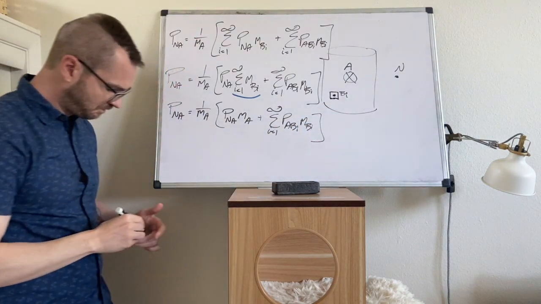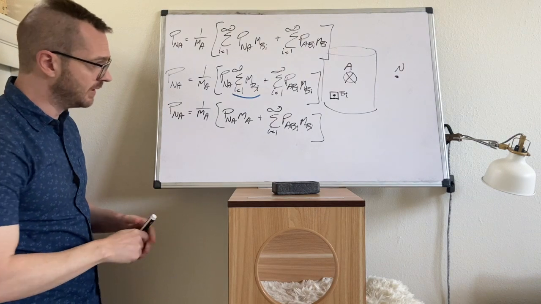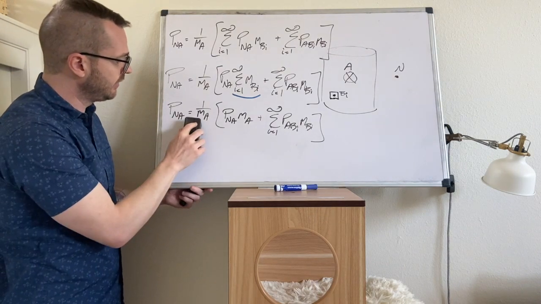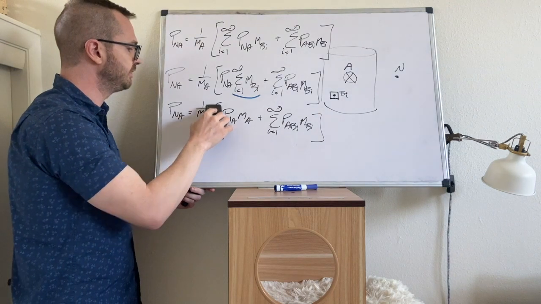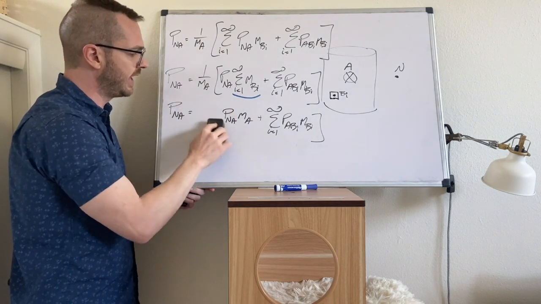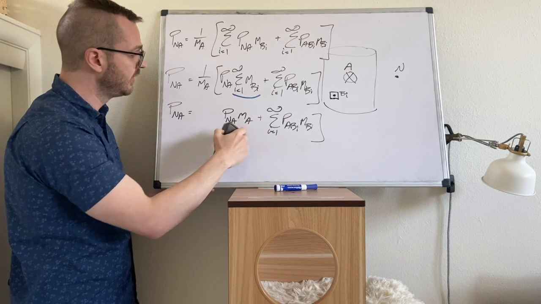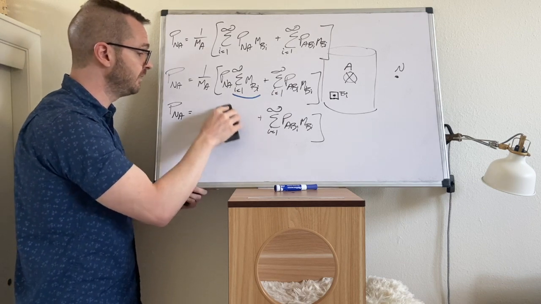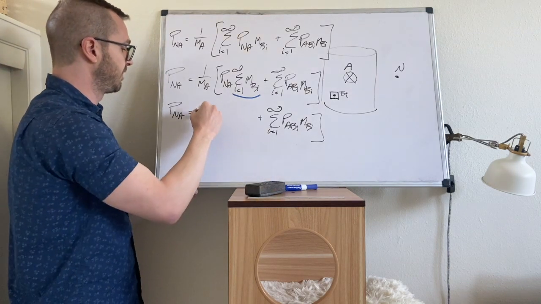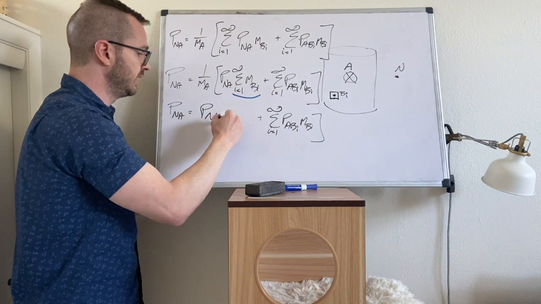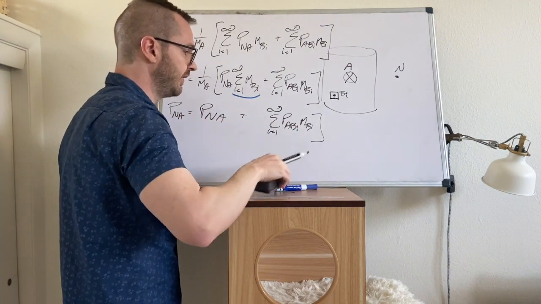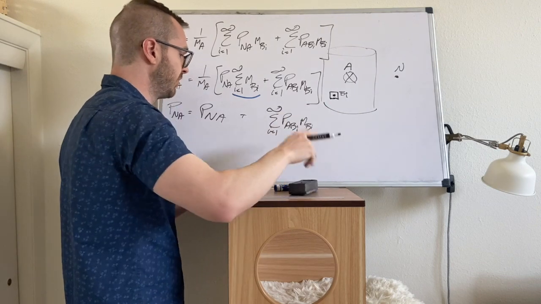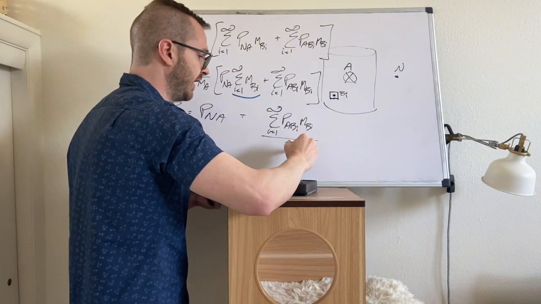Clearly we can distribute the 1 over MA to both of these. If we do that, this first term is just going to become PNA. And then plus, over here we can drop the brackets now, and I can divide this one by MA.